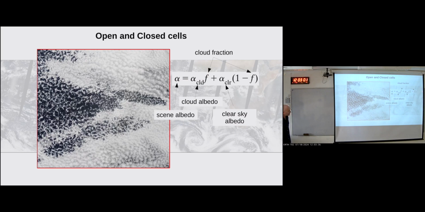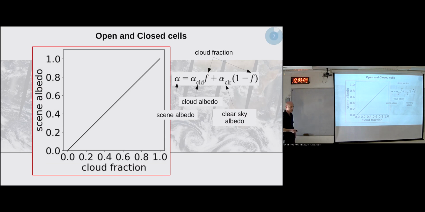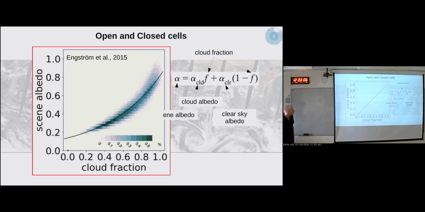And this gives us a linear equation, right? But in reality, when we do that, it's not linear. And this is because there is also in-cloud morphology. So we cannot assume that every cloudy pixel has the same albedo. We have cloudy pixels with high and low albedo.